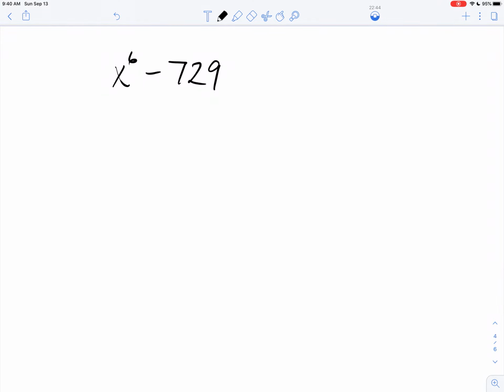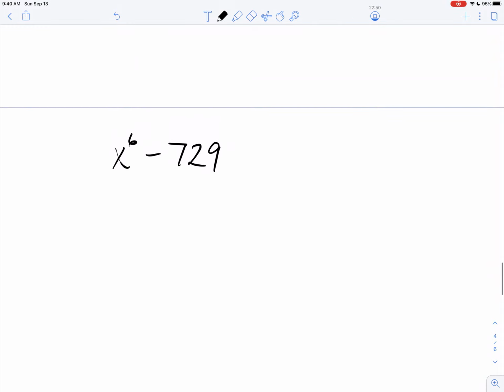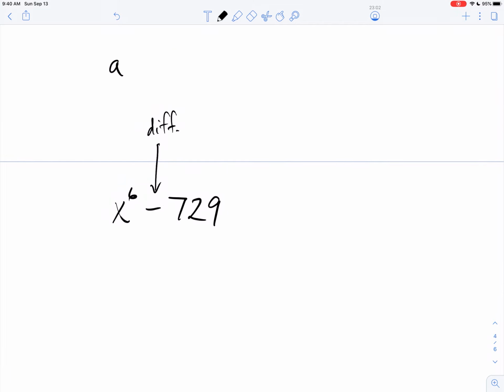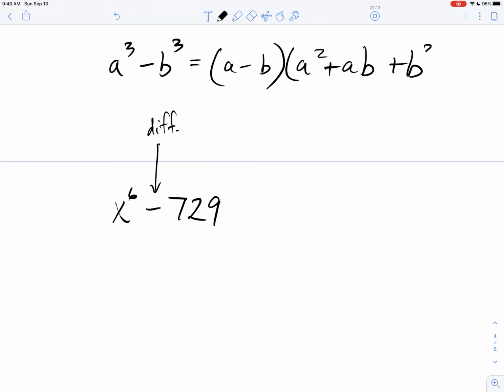This is technically the difference of cubes. It is. This guy is the difference of 2 cubes. So if this thing is the difference of 2 cubes, then it should break down to do this, and it does.